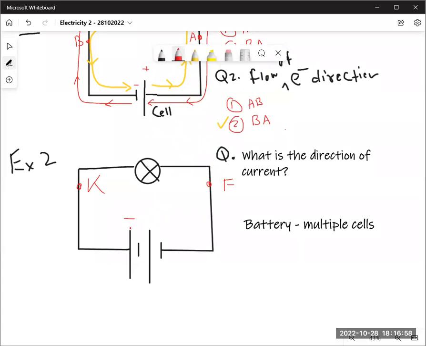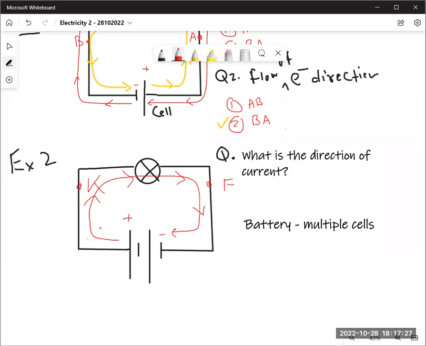Let's first think about this. Which is the positive side? The bigger one is positive, smaller is negative. And what is the direction of current, Rana? It is always positive to negative. So my direction is going from K to F, isn't it?